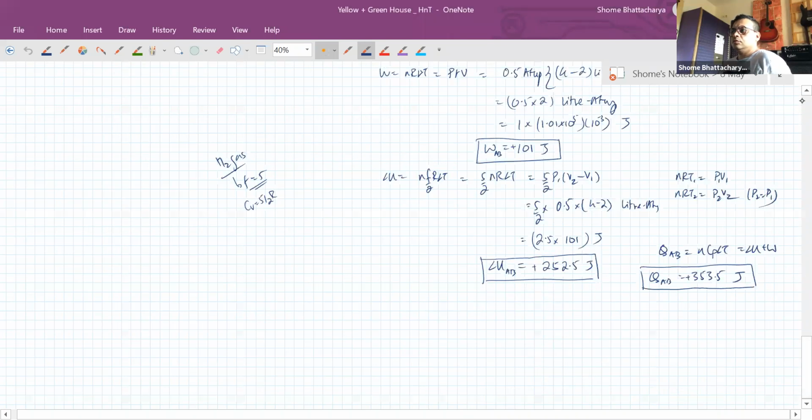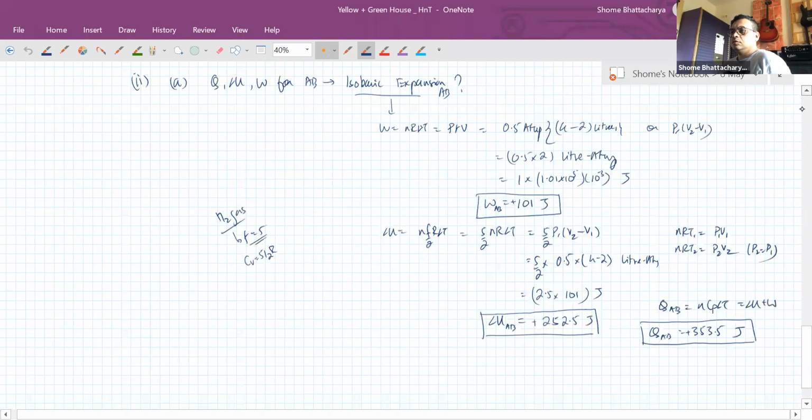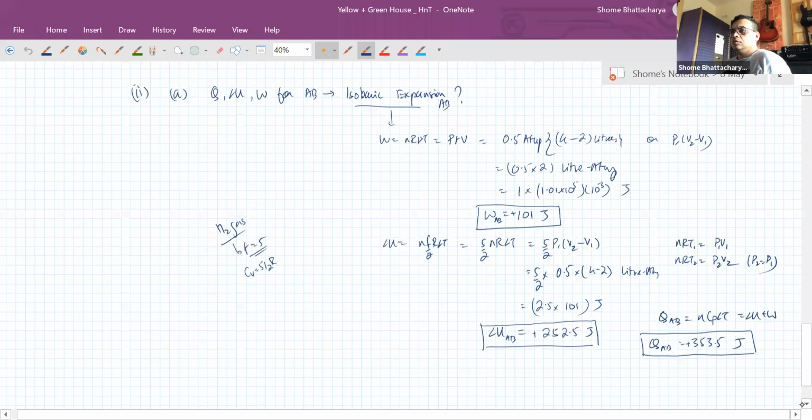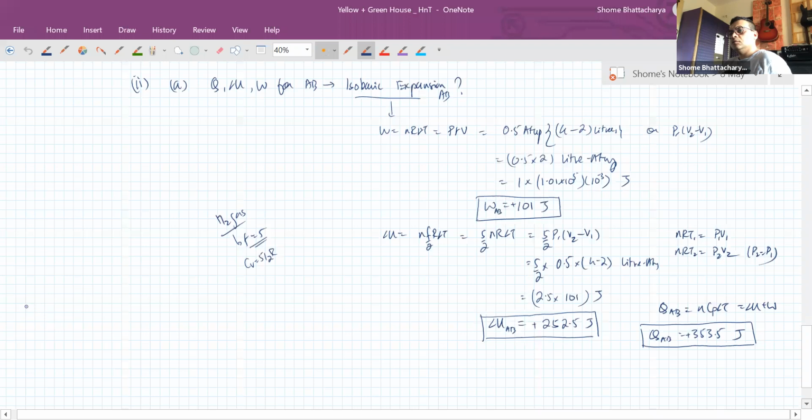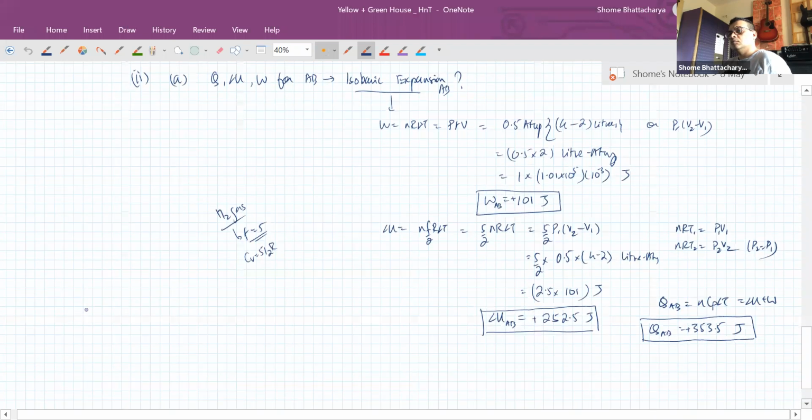Yeah, so this is for the isobaric process. Now let's come to the isochoric process. BC. Okay. So there W will be 0 because it's isochoric.